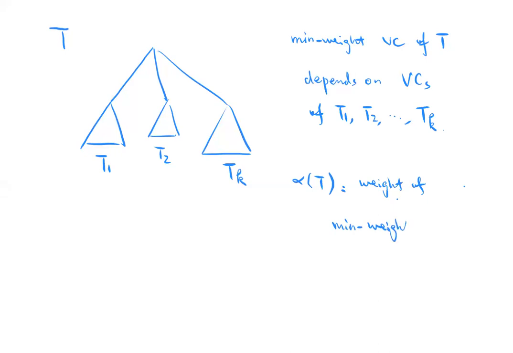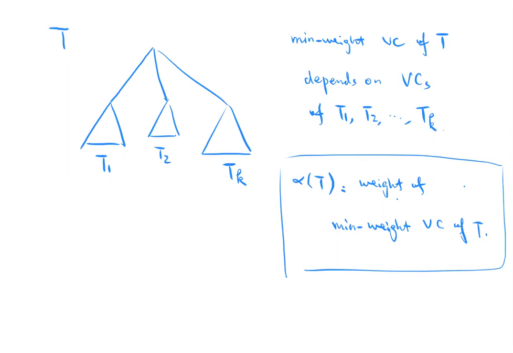Suppose we define a value for T as this. Then try to see how you can use it to get a recursion for the whole tree and then use dynamic programming to compute it. Because it's very natural to view the problem of each subtree as a subproblem, right? So try to think about that during the break, and we'll continue after the break. All right, okay.